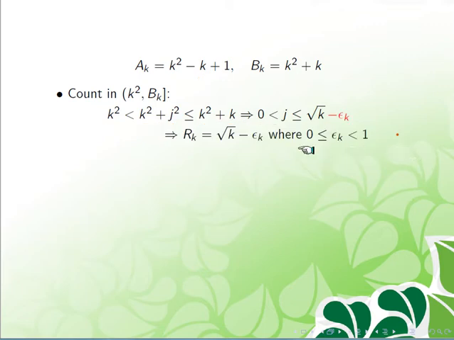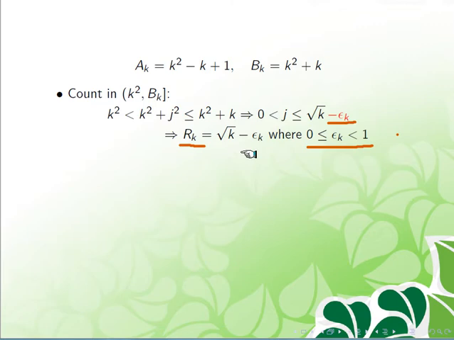Right, to handle this number of squarish integers to the right nicely, I introduced this quantity epsilon k. This is usually an irrational number. If you subtract a small amount, absolutely less than 1, you can turn this upper bound into an actual integer.